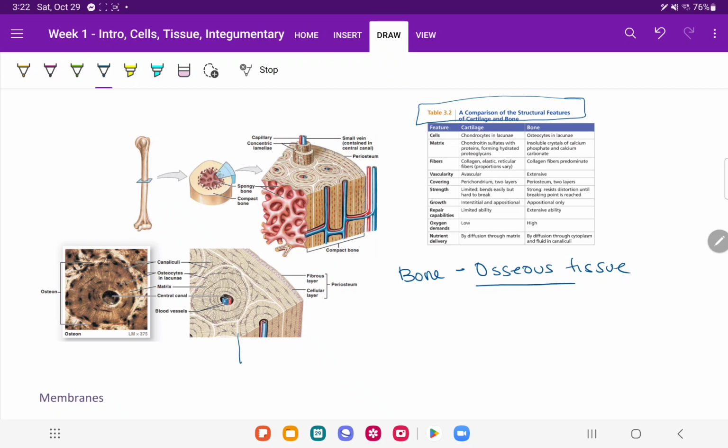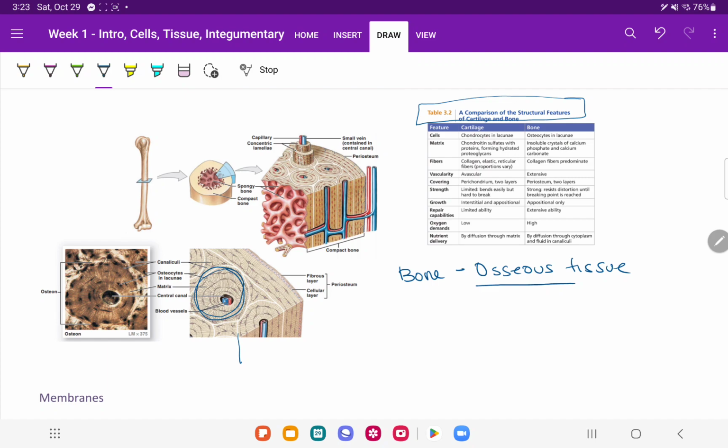Okay. So when we're looking at this image right here, we look at the general organization of bone. The lacunae contain the osteocytes, or the bone cells, right? The osteocytes are often organized around blood vessels that branch through the bony matrix, because diffusion can't occur through the calcium salts.